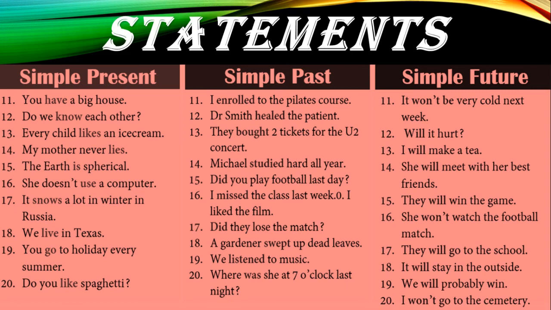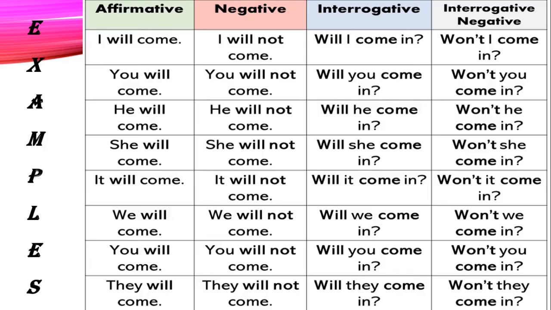You can read it for yourselves and try to understand the difference. Here are some examples of affirmative, negative, interrogative and interrogative negative sentences. Read it for yourselves and understand.